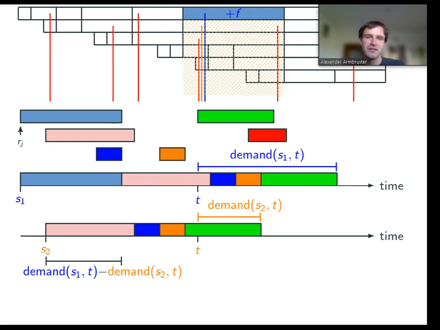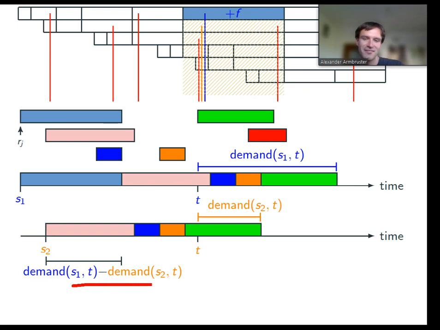Now, the idea is that suppose we didn't select this top rectangle, then we said we need to cover the blue demand plus F. And the blue demand plus F is just the same as the orange demand plus this difference plus F. So for this hatched region, we have a new F value, which is different from this one, of course, and it's just this plus this difference.